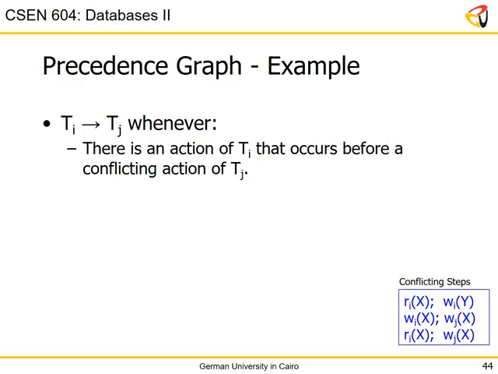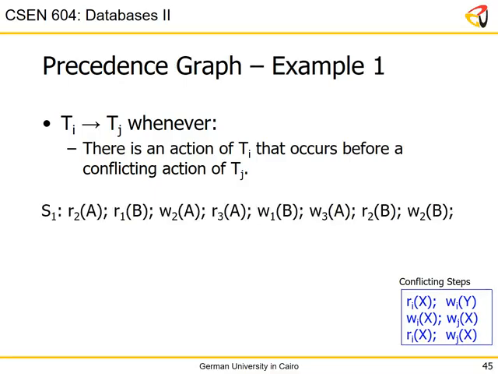We write down the order that is implied by the conflicting steps, and that will be an edge. I have written down on the right side the conflicting steps, and here's an example schedule. The question now is: is this conflict equivalent to some serial schedule? To answer this question, we will create a precedence graph.